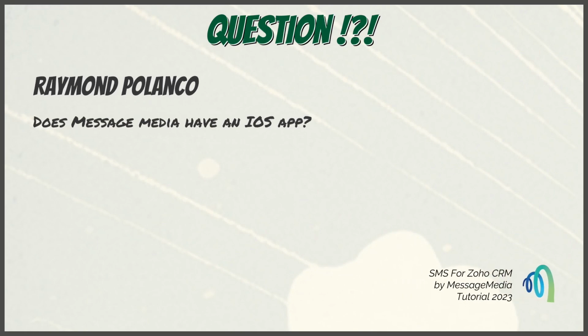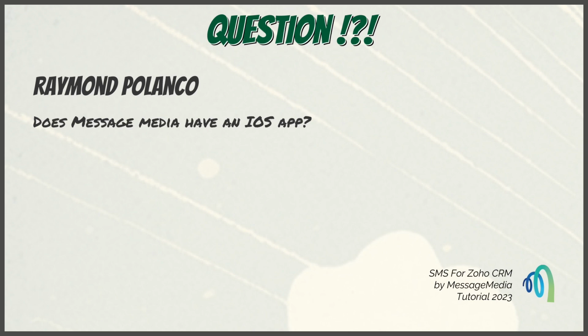Raymond, after watching our webinar interview on SMS for Zoho CRM by Message Media, a tutorial that we did, asks, does Message Media have an iOS app? If you're not familiar, Message Media used to be called Smooth Messenger, and it was sold to a company called Message Media, and they are basically our preferred vendor for integrating SMS into Zoho CRM.